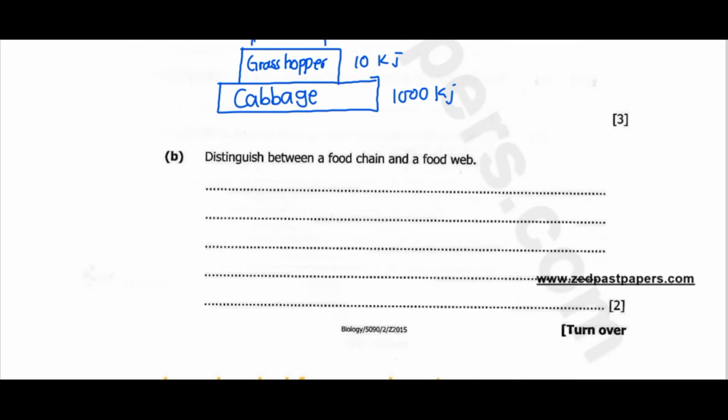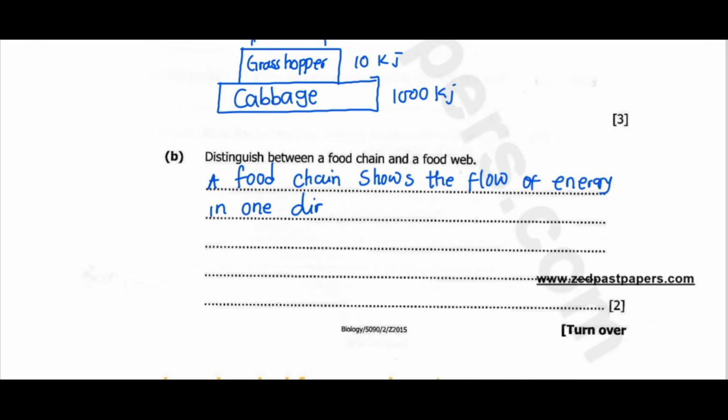Distinguish between a food chain and a food web. So a food chain shows the flow of energy in one direction.